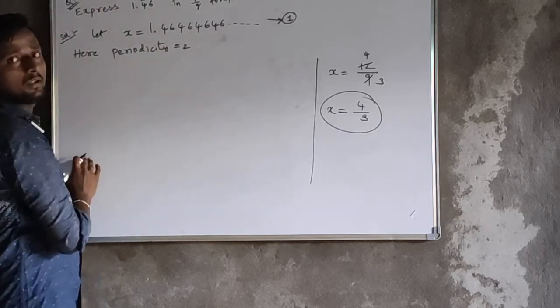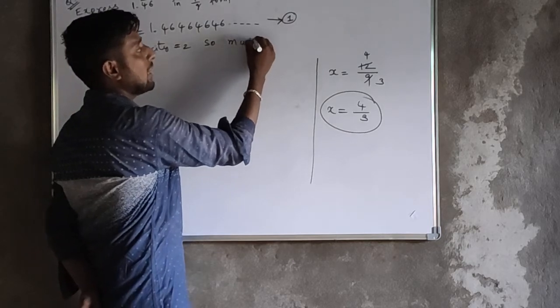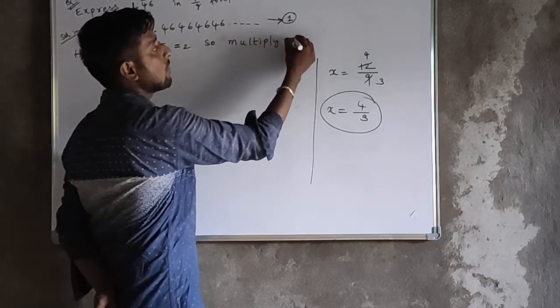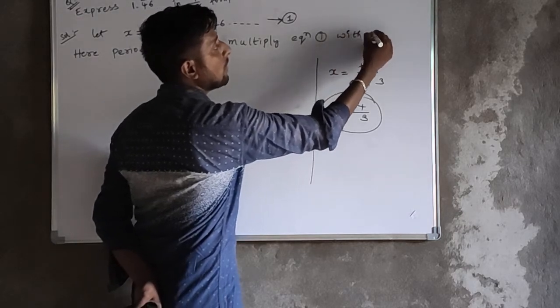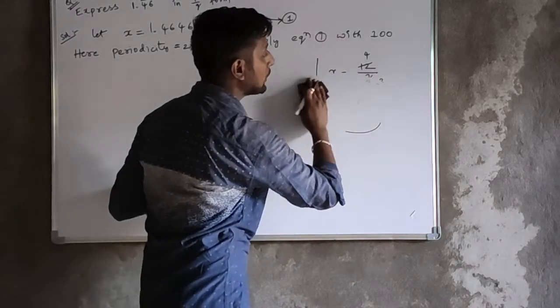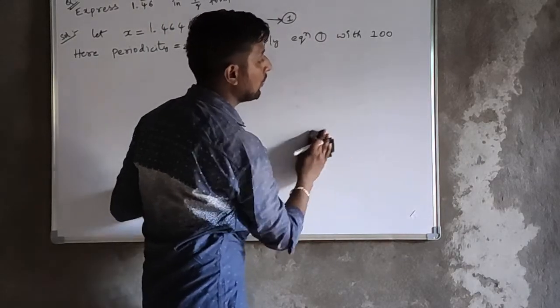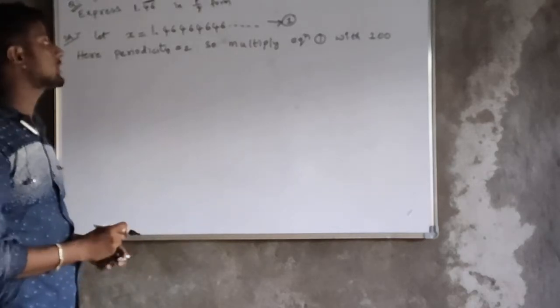Am I right? Yes. So multiply equation 1 with 100. I told you already, if the periodicity is 2, we go with 100. If the periodicity is 3, we go with 1000.